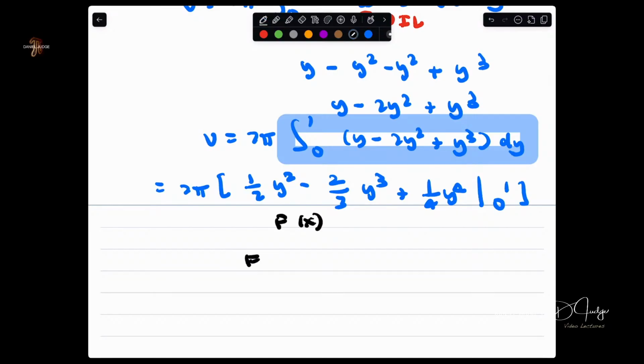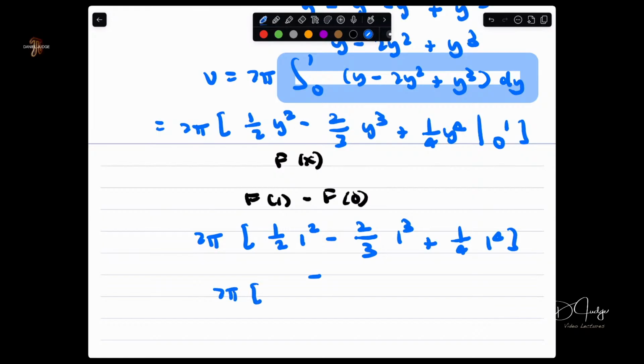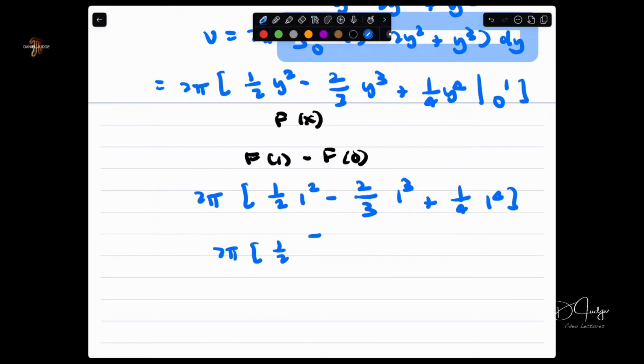We need F of 1 minus F of 0. The nice thing about working with 0 is you shall see. 1/2 times 1 squared minus 2/3 times 1 cubed plus 1/4 times 1 to the 4th, minus 2 pi times 1/2 times 0 squared minus 2/3 times 0 cubed plus 1/4 times 0 to the 4th. This is going to be 0.